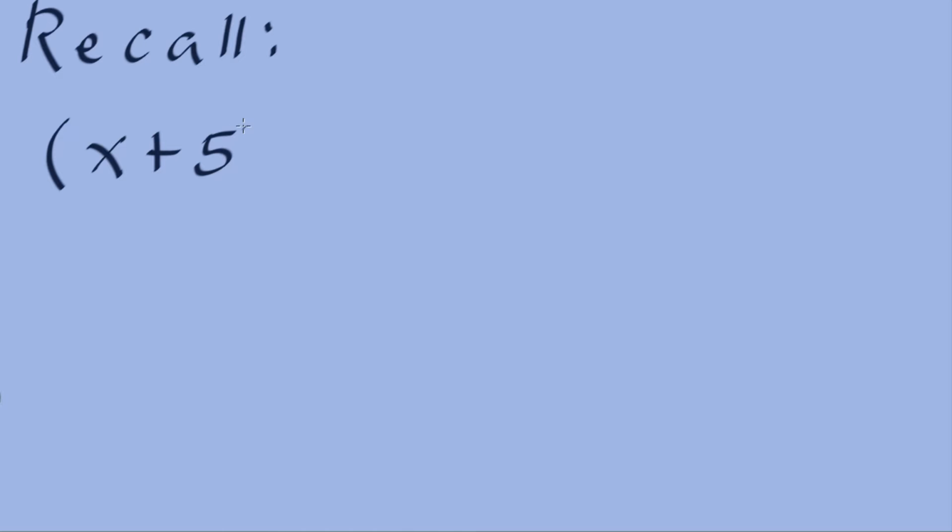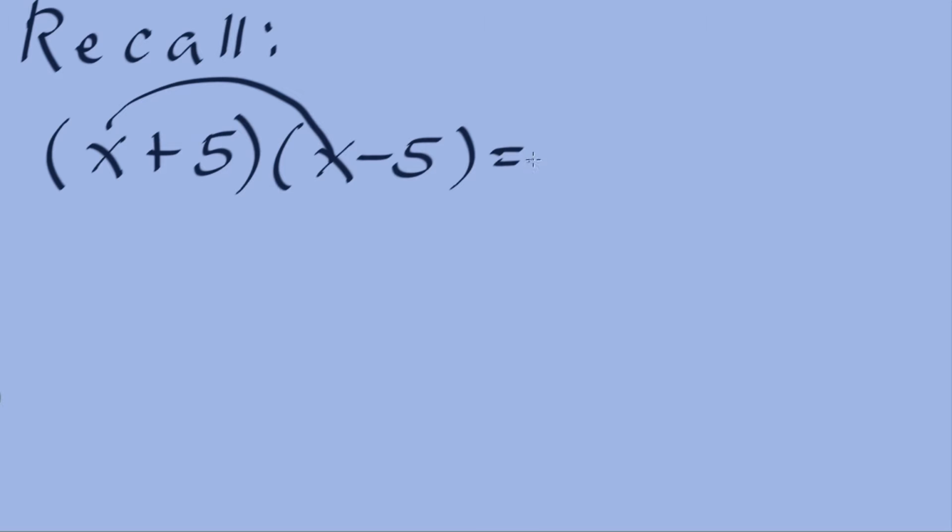Let's say, as a review, in multiplying, for example, x plus 5 times x minus 5. So here we were given two binomials and we're asked to multiply. We can FOIL this out or distribute the terms, say x times x equals x squared.